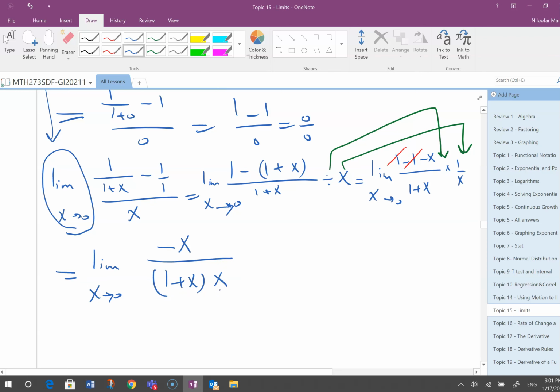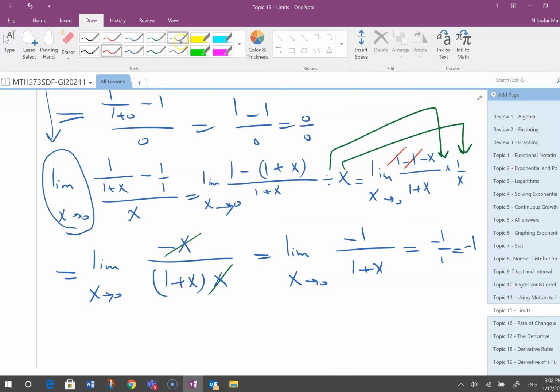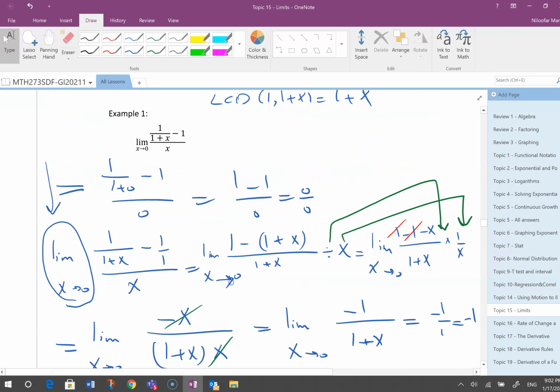If I substitute, still I have 0 over 0. So I didn't remove the problem, but I can cancel this and this, and then I have limit of minus 1 over 1 plus x, x goes to 0. Now I substitute, that's minus 1 over 1, which is minus 1. So minus 1 is the answer.